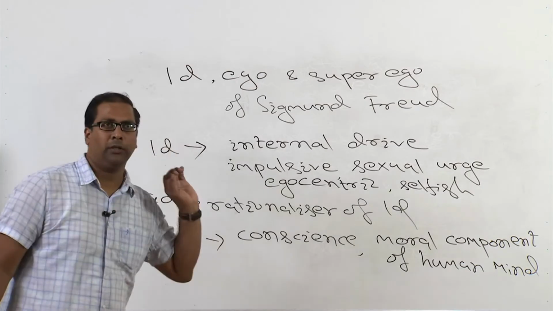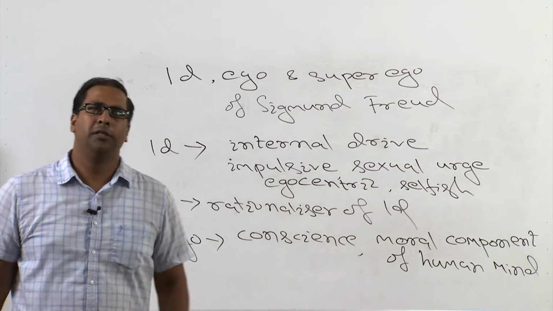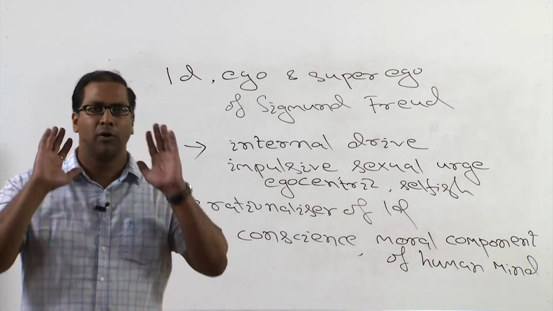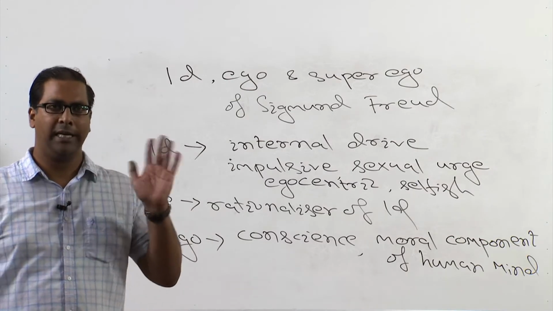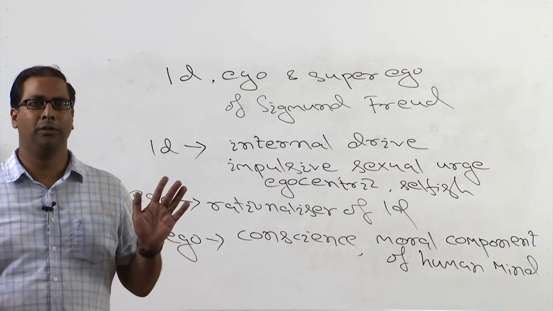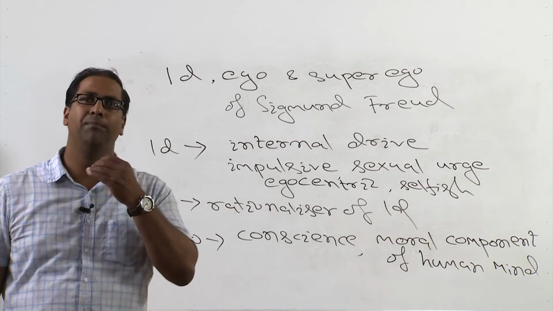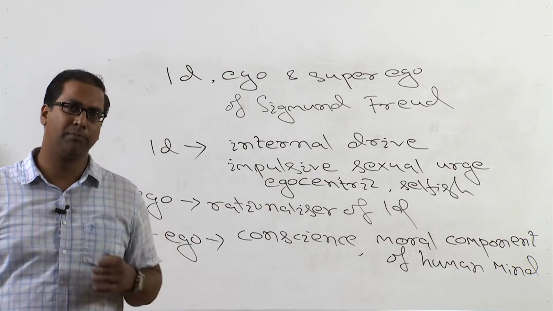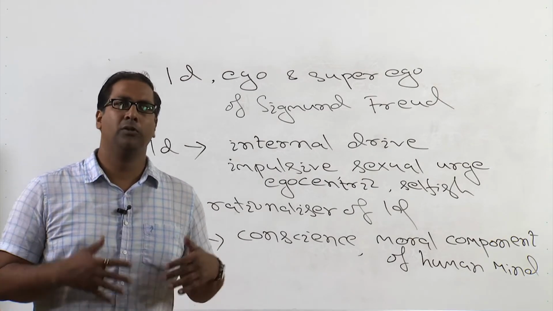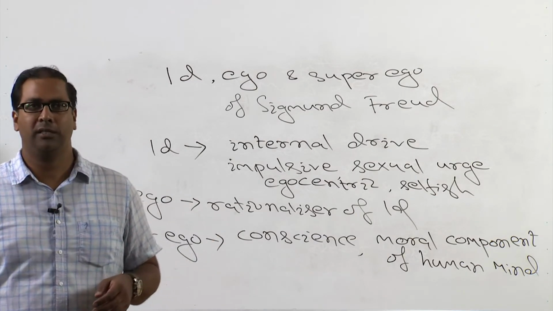Now, very briefly, Sigmund Freud argues that our mind has three sides: id, ego, superego. Id is the internal drive, the impulsive part of our personality, which also constitutes sexual, biological urges.